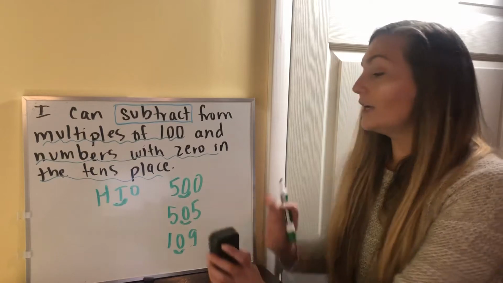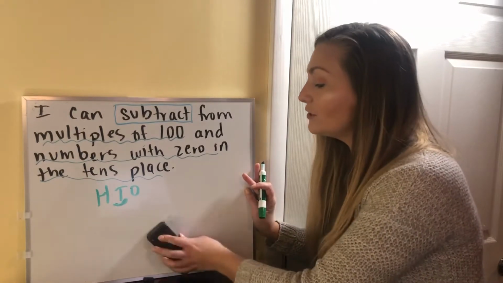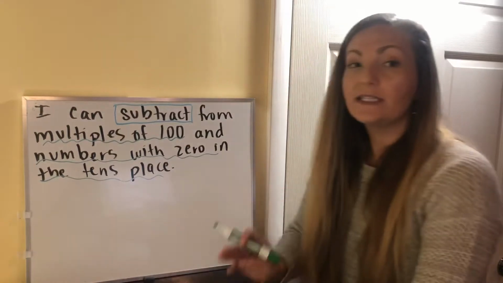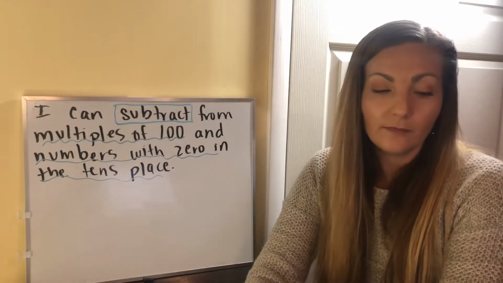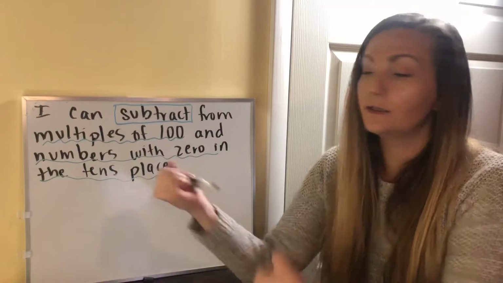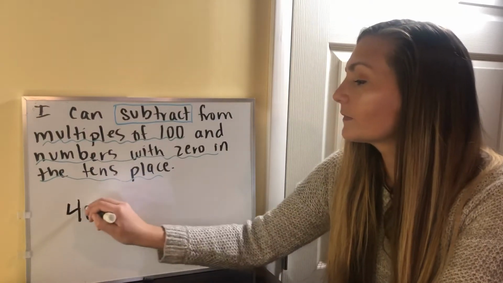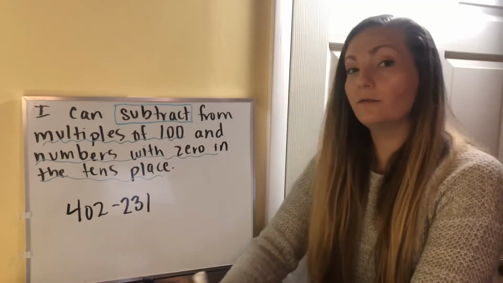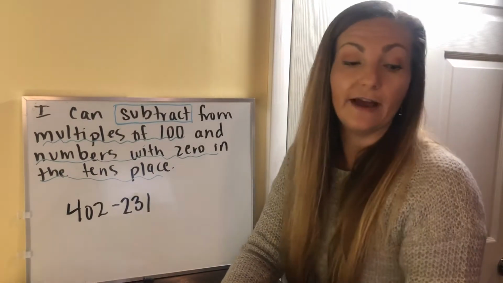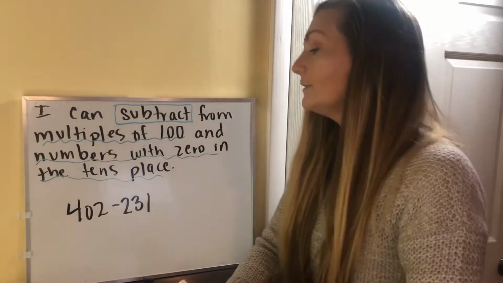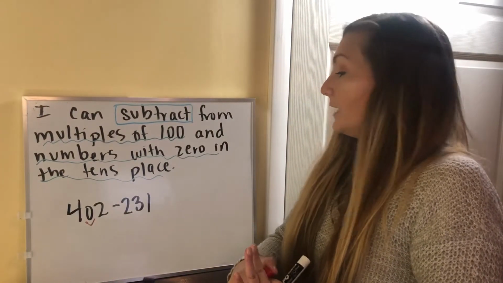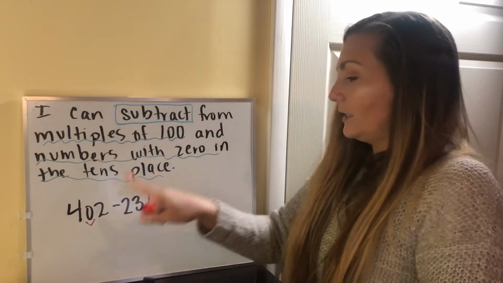What kind of strategy or method are we going to have to use if we have a 0 here and we're subtracting? Let's think about that, because we're going to be seeing problems like this one. And before we even start to solve, we can see something that we're going to have to do. What are we going to have to do because of the 0 here? Well, let's start in the ones, right?